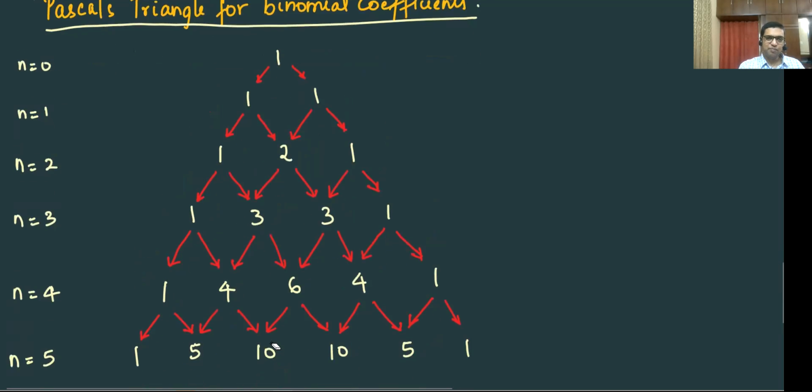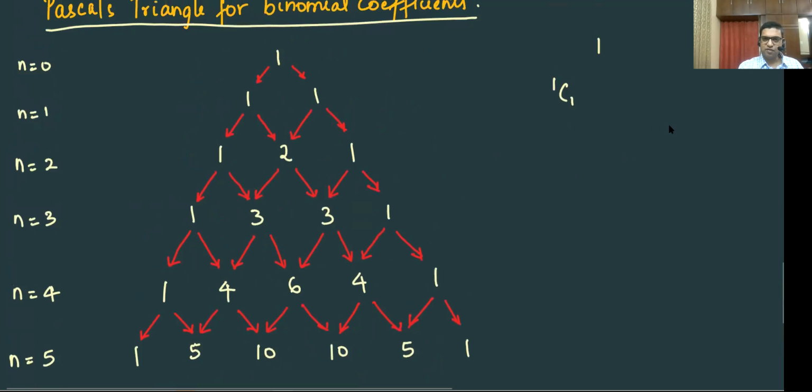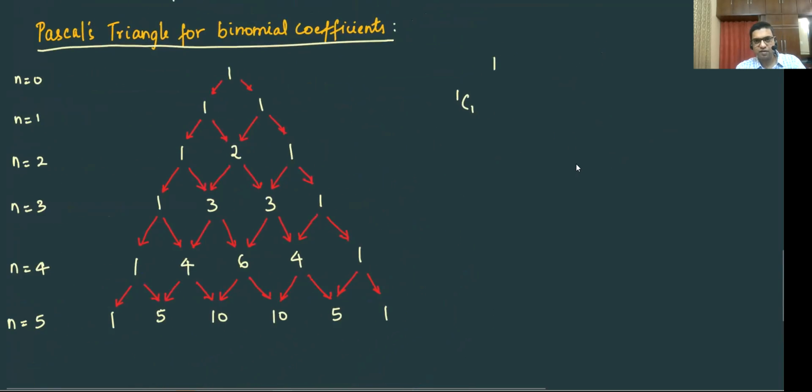So this is called Pascal's triangle. These are your coefficients. You can see this is 1C1.